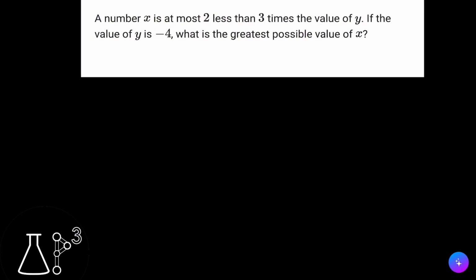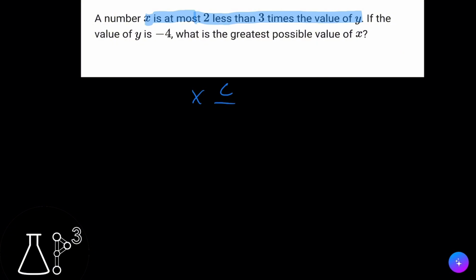So what I like to do first is use the first information given. We're given that x is at most 2 less than 3 times the value of y. What it means by at most is that x is less than or equal to the value of 2 less than 3 times the value of y. So x is either equal or less than the value of y multiplied by 3 minus 2.